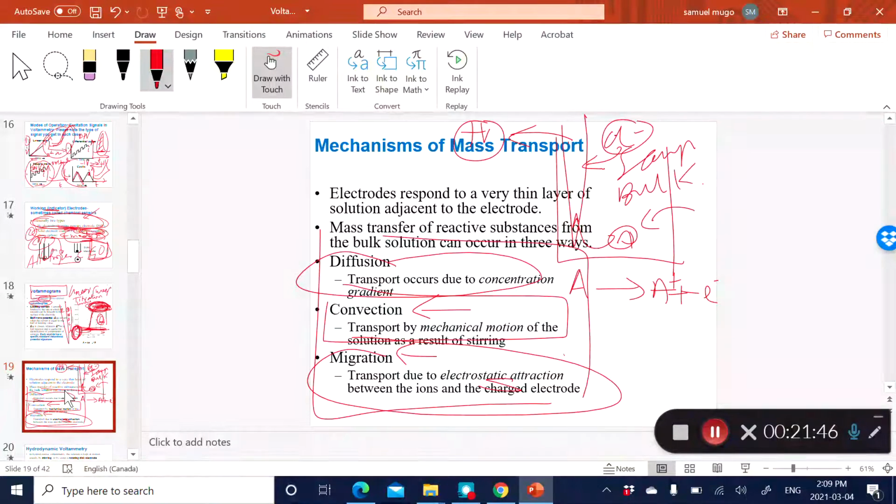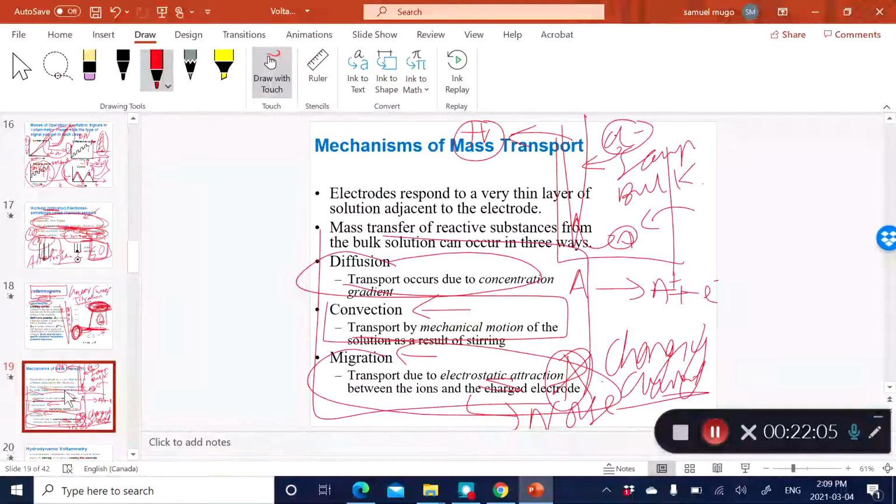Now, migration is not desirable because it's the basis of what you refer to as the charging current that is always present in voltammetry. And so it's actually noise. Remember, you've got an electrolyte that is already present in your sample, and an electrolyte consists of anions and cations.